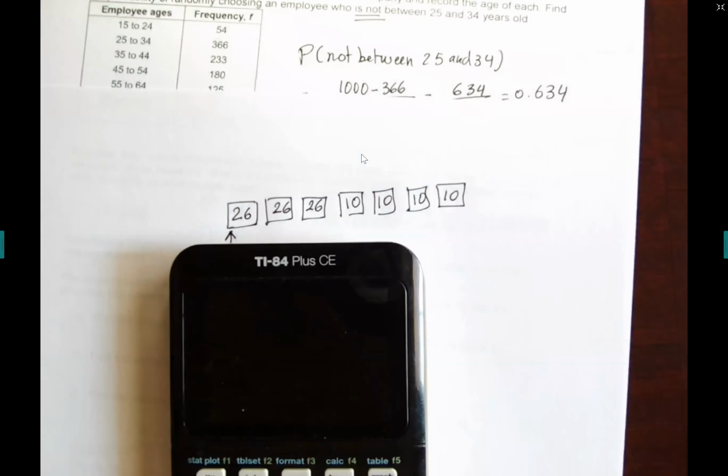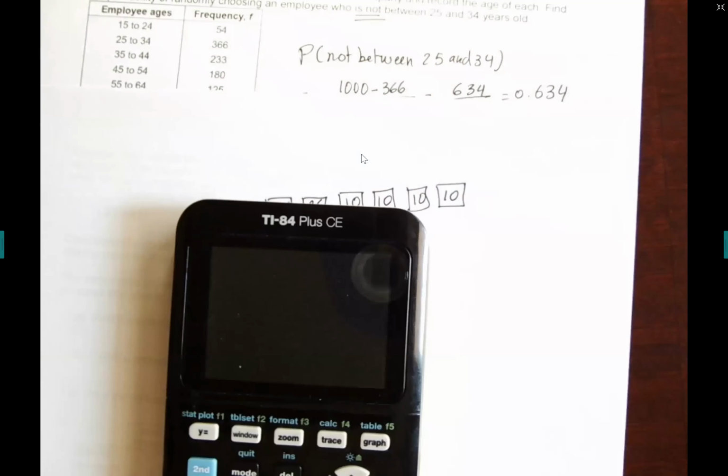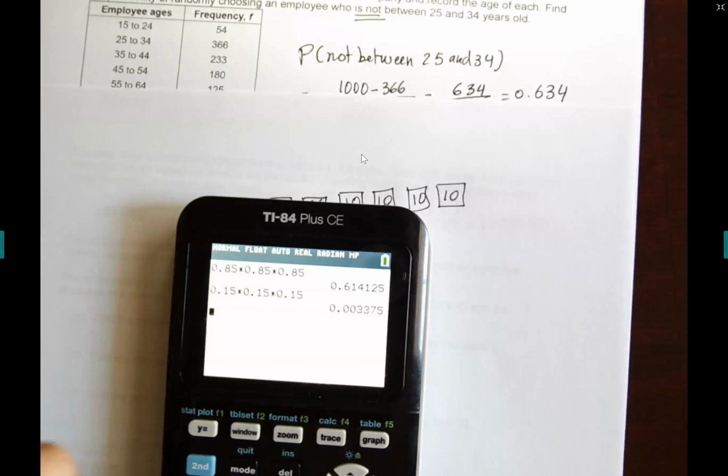Okay, let me do it with you guys. 26 times 26 times 26 times 10 times 10 times 10 times 10. Okay, what do we have? 175,760,000. Do you think, guys, we have enough?